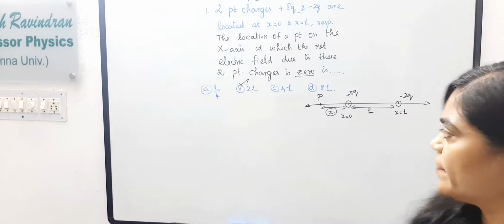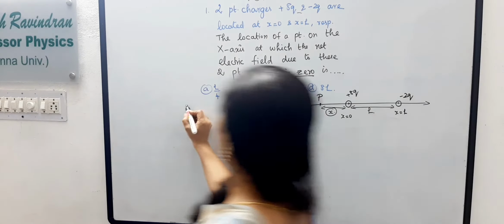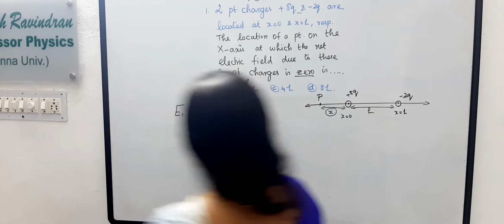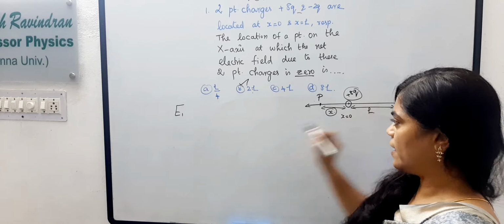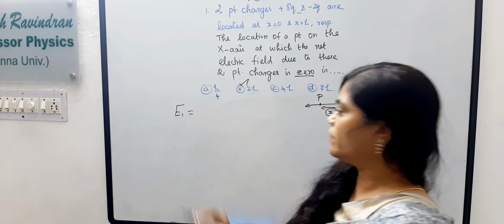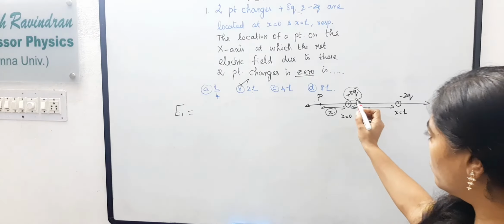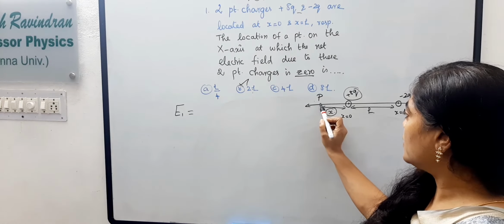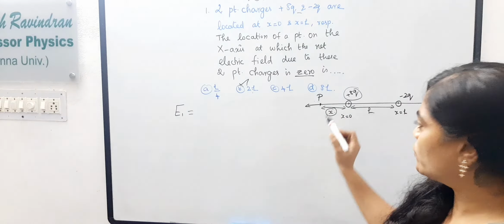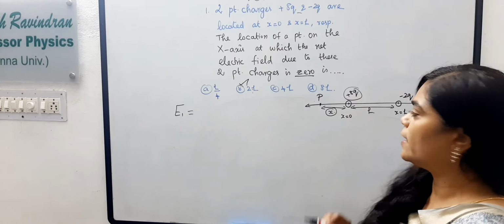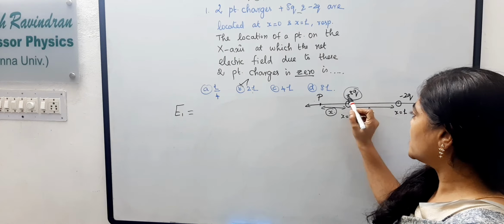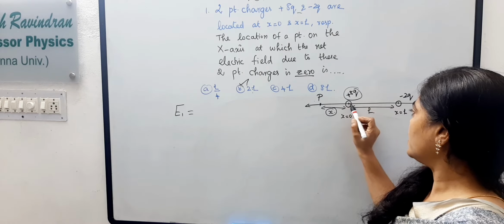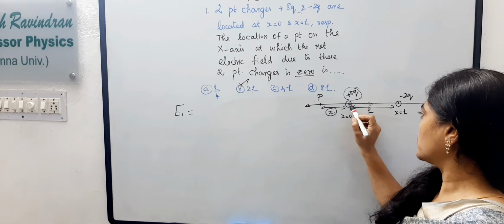What is E1? Let E1 be the electric field due to the point charge 8q, at the point P. With respect to P, we are now going to find the electric field. The electric field of a positive charge is outwards.